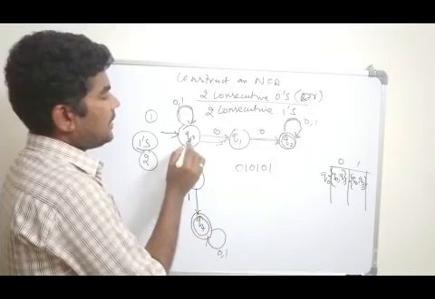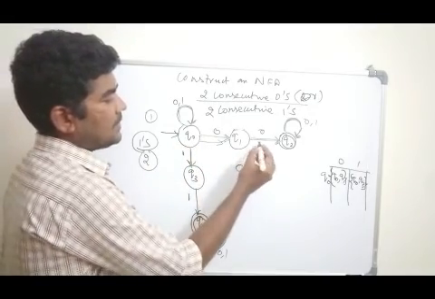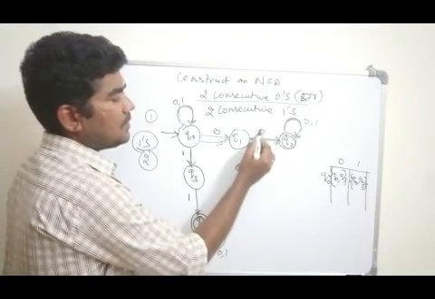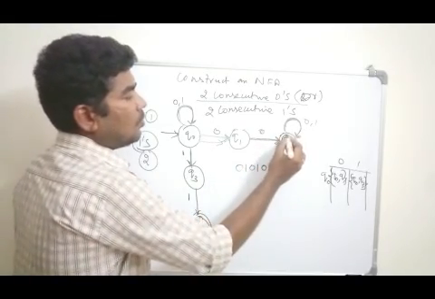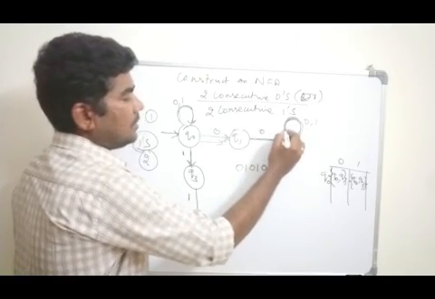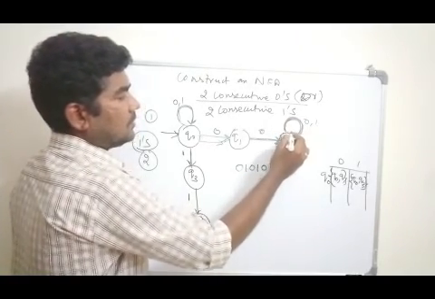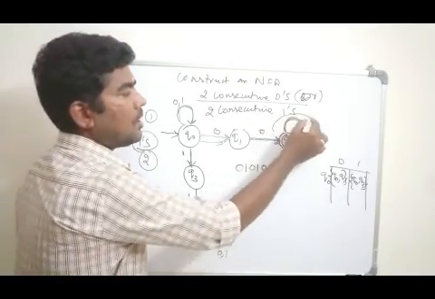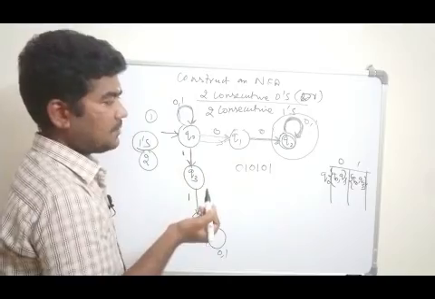Next, if I am starting from this Q1 as the initial state, it will start with 0, then 1, then 0, then again 1, again 0, again 1. The self transition loop is going on here itself, so it won't be accepted.